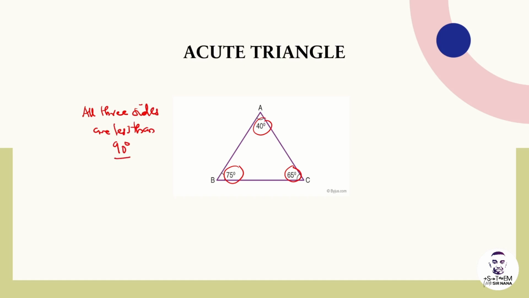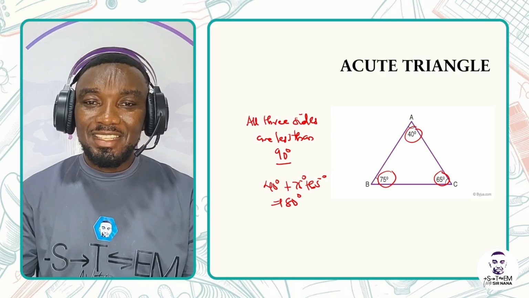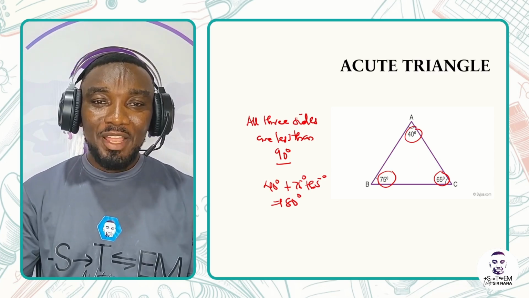Despite the fact that they are less than 90 degrees, when you sum them, you should be able to get 180 degrees for the sum of the interior angles of a triangle. So for instance, in the case of these, we can have 40 degrees plus 75 degrees plus 65 degrees, which gives us 180 degrees.